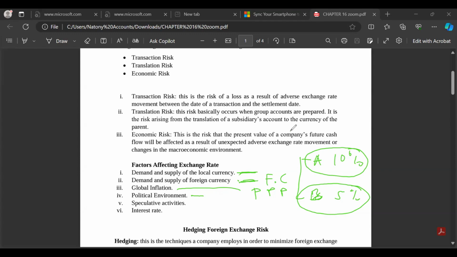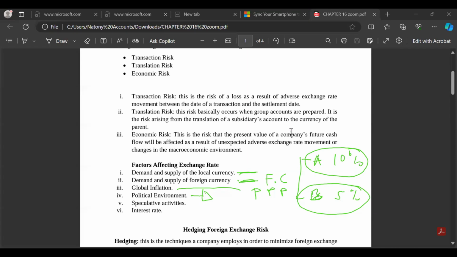And also, the political environment may have to do with regulation, government policies, and all of these. So the political environment has a way of either strengthening or weakening the foreign currency or the local currency.